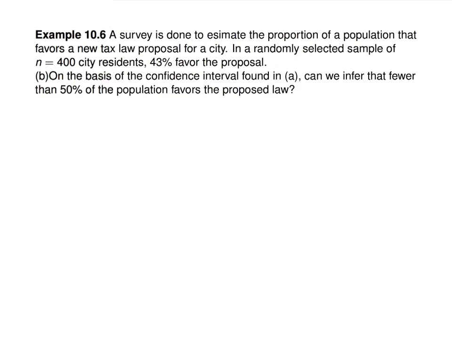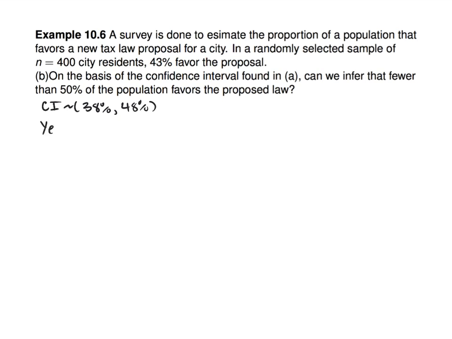All right, on the basis of the confidence interval that you found in A, can you infer that fewer than 50% of the population favors the proposed law? And remember that your confidence interval was about 38% to approximately 48%. So does this suggest that less than 50% is a plausible value?